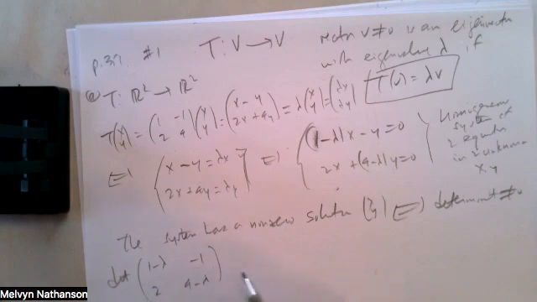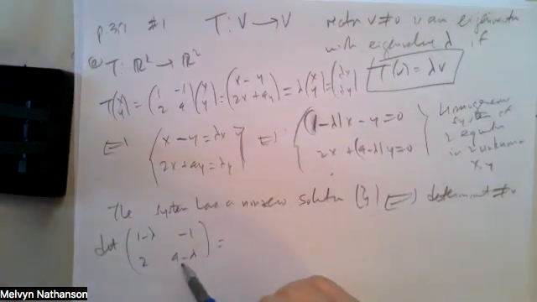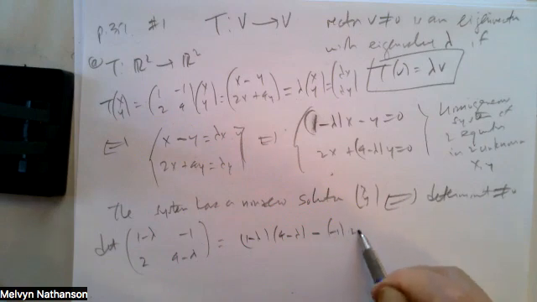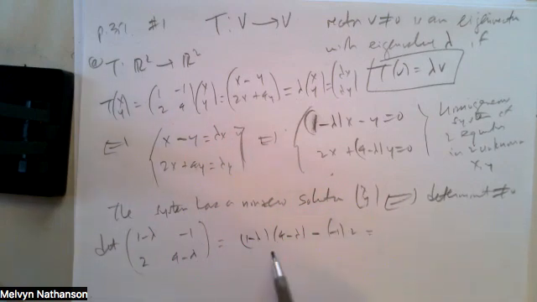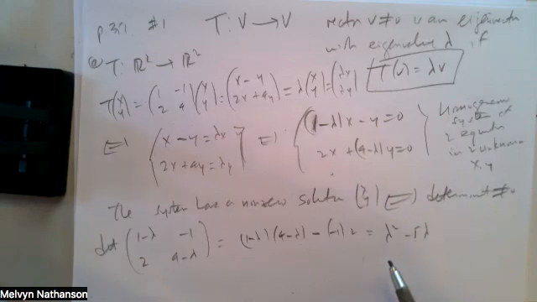And the determinant of this 2x2 matrix is AD minus BC. 1 minus lambda, 4 minus lambda, minus 1 times 2. Let's see, what is that? If I multiply this out, this is lambda squared minus 5 lambda plus 4 plus 2.